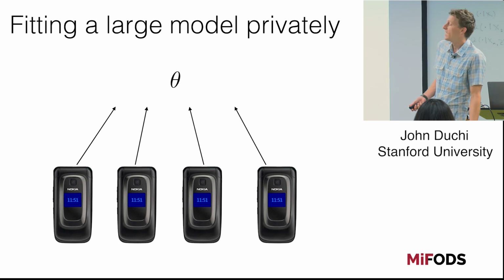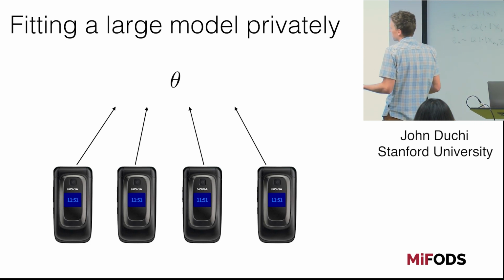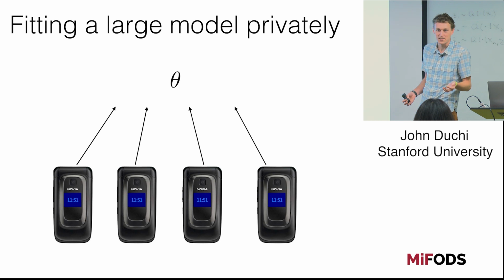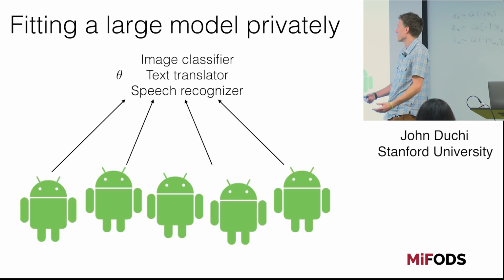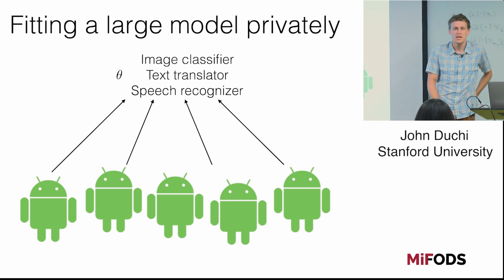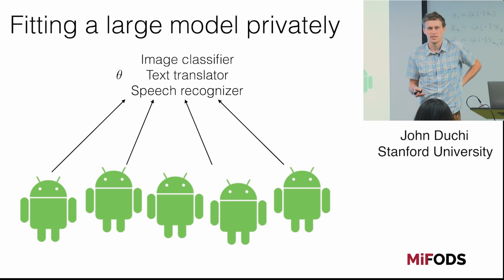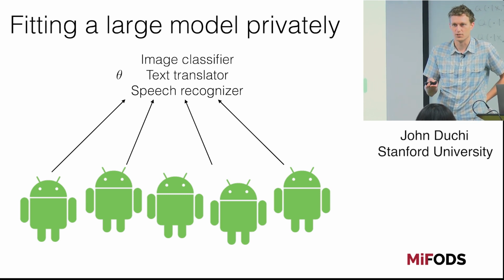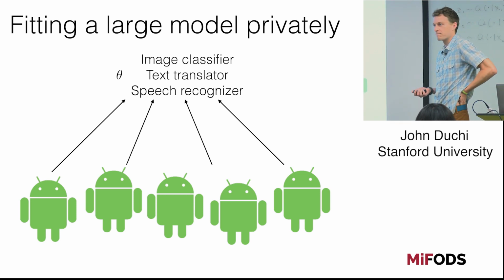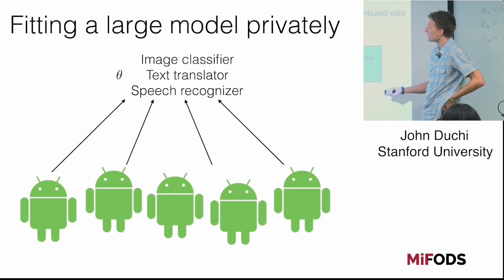But for good reasons, they are starting to be a little bit sensitive about the fact that they are collecting all of the data about you. So now we want to fit these models or prediction schemes privately. You want to have an image classifier or some text translator or some speech recognizer, but you want to make sure that the data you're collecting stays private. This could be because you have philosophical reasons for being private, or because you don't want the government sniffing around in your private data, which is certainly something that people worry about. So there are many reasons we might do this.